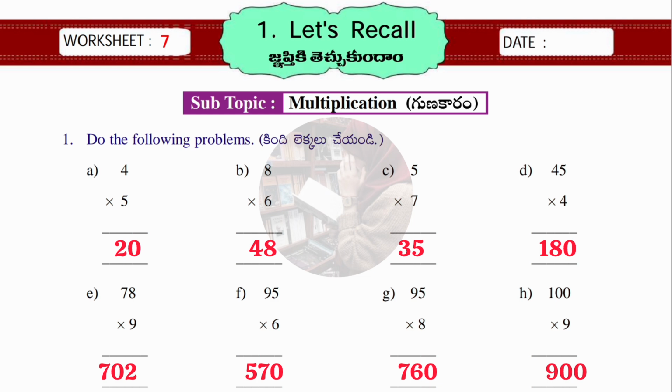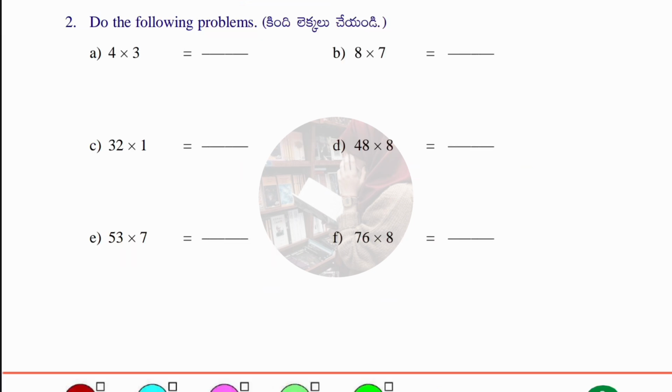Understood? Let's move on to the second Roman numeral, which is, do the following problems. First one is 4 multiplied by 3, 4 3s is 12. Next, 8 multiplied by 7, 8 7s 56. Third one, 32 multiplied by 1, 32 ones 32.